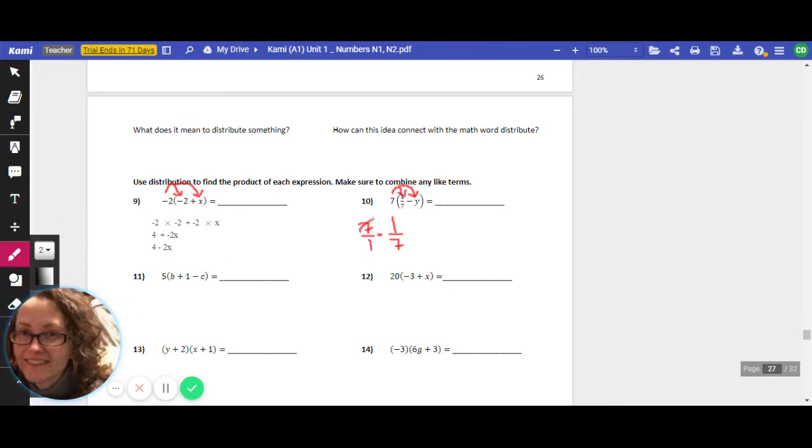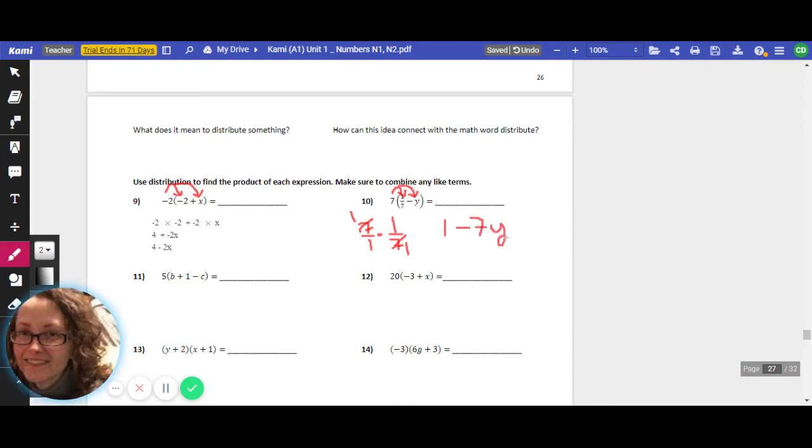And this 7 and 7 are common factors, so those cancel to become 1. We can also remember this by saying a number times its reciprocal is 1. So 7 times 1/7 is 1, and 7 times -y is a -7y.